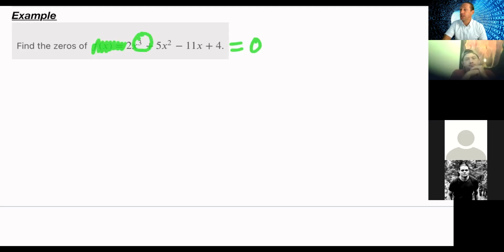Remember, that's what the degree tells us. There cannot be more than 3 x values that we would find. Okay? So those x-intercepts, those zeros, those roots that we're finding, okay? I know that there's a maximum of 3 of them. So that's good. But how do we use this rational zeros or roots theorem?